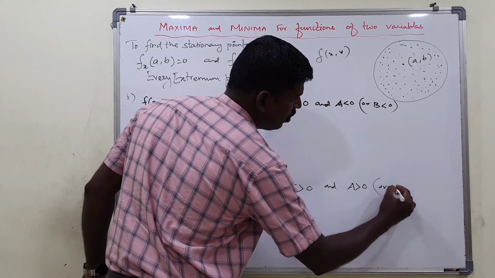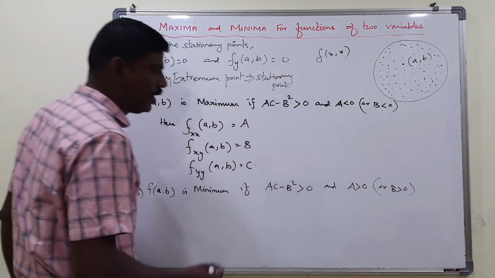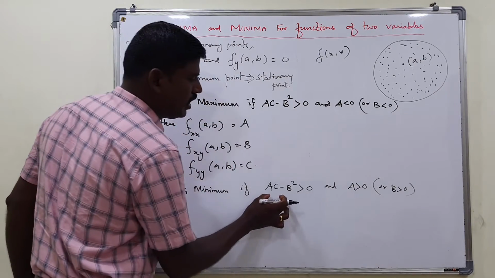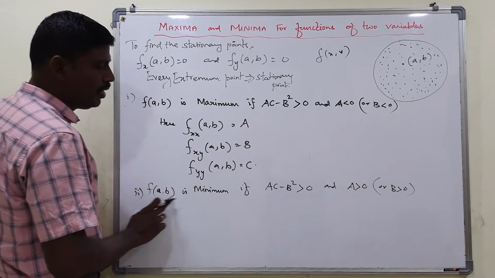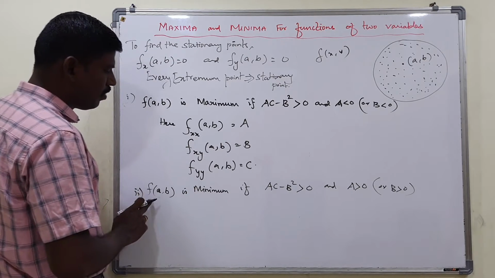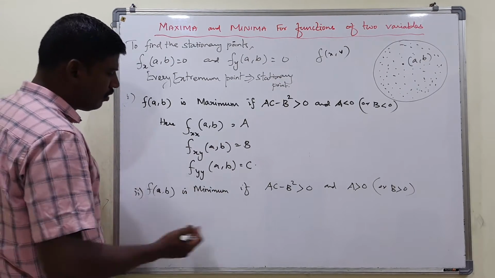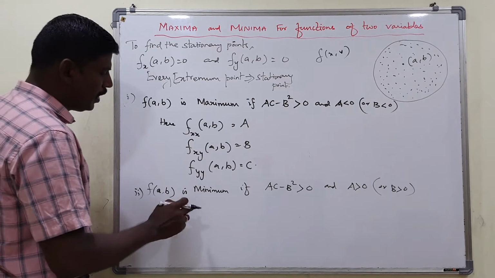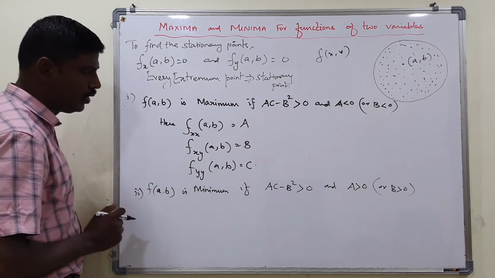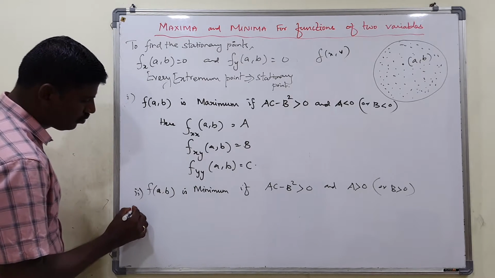So if AC minus b square is positive and a is positive, then f of a comma b is minimum. That means f of x comma y is minimum at the point a comma b. We call a comma b the minimum point of the function f of x comma y. That's all.